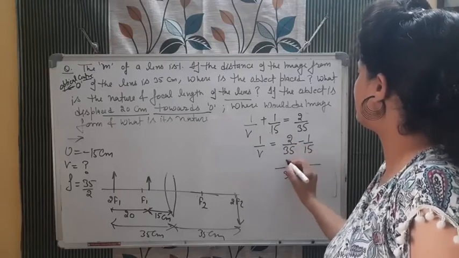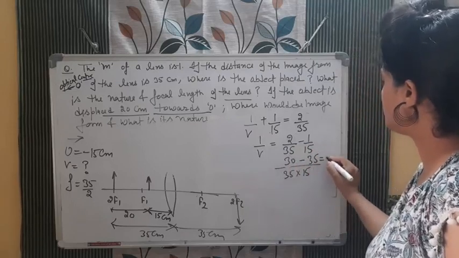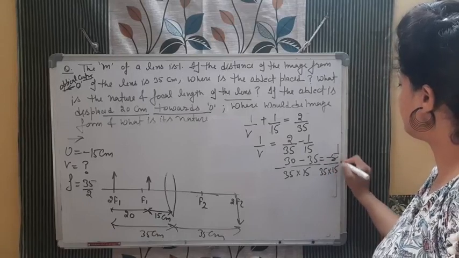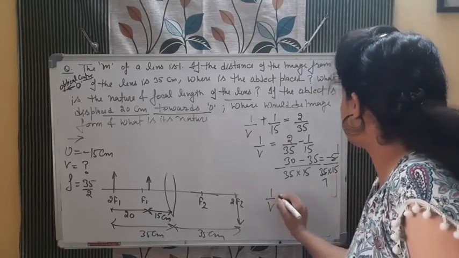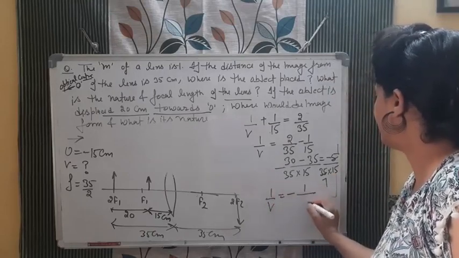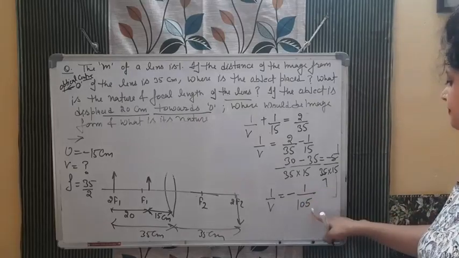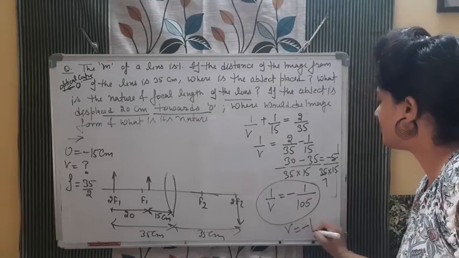This side it will be 30 minus 35. So what will happen, bacha? Minus 5 divided by 105. 1/v is equal to negative 1/21, that is 1/105 times 5.